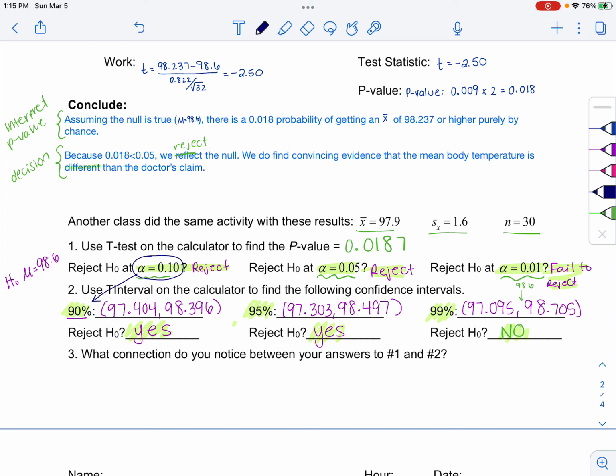So when we are testing whether we reject or fail to reject, remember that with hypothesis testing, we're looking at this as a normal distribution. And if I'm looking at a significance level of 10%, that means it has to be in the lower or upper 10% of data. So this would be 10%.